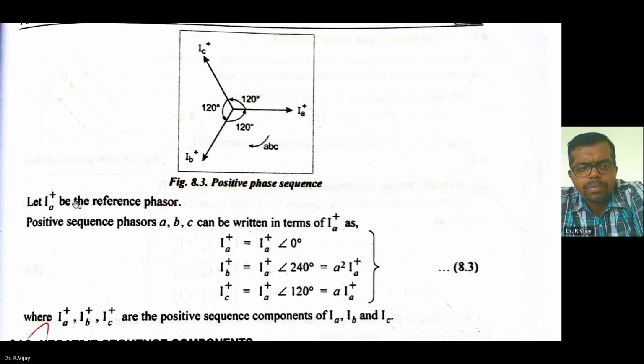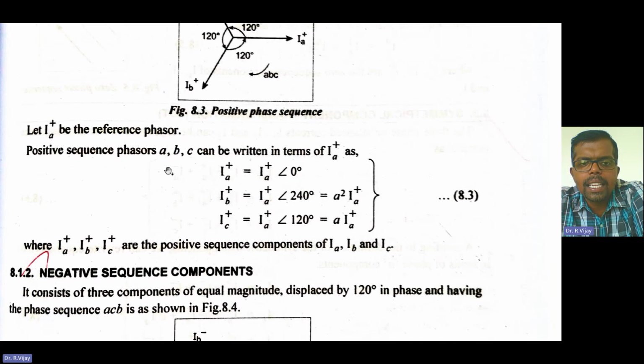Let IA plus be the reference phasor. The positive sequence phasors A, B, C can be written in terms of IA plus, that is a positive sequence current component.